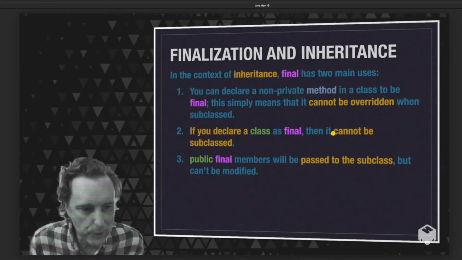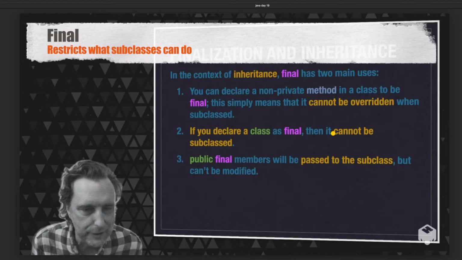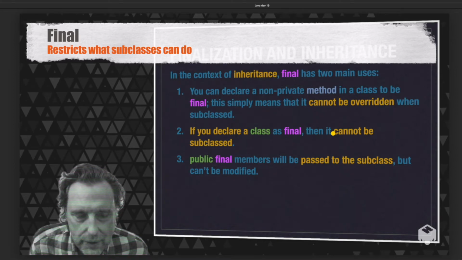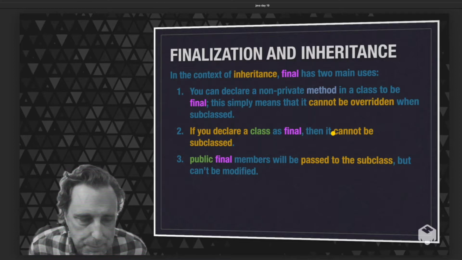All right, the keyword final, or the process of finalization. Final is another keyword. Here's what it means. You can declare a non-private method in a class to be final, and that simply means it can't be overridden when subclassed.